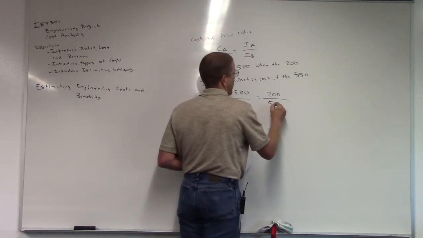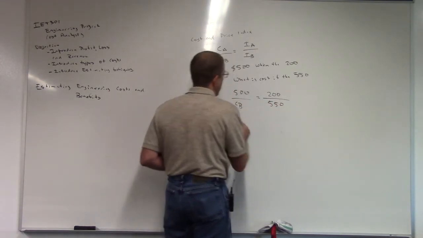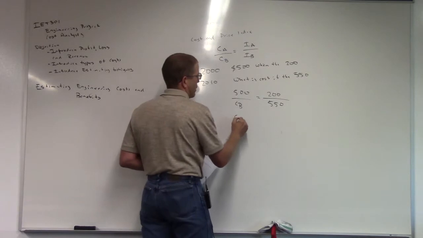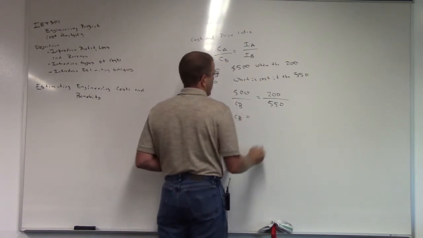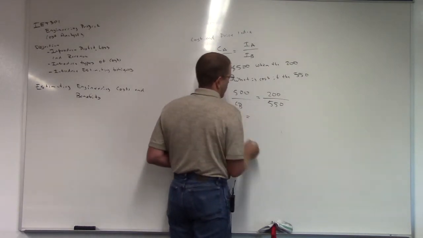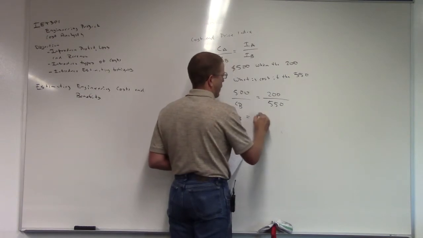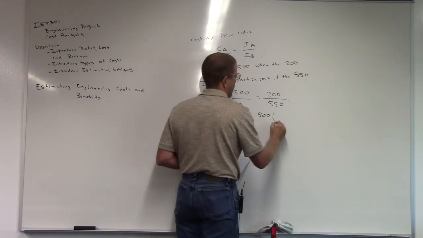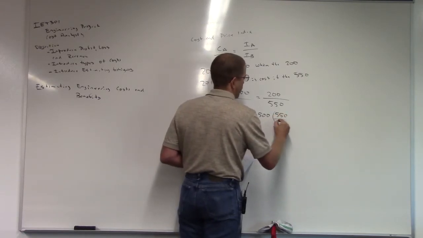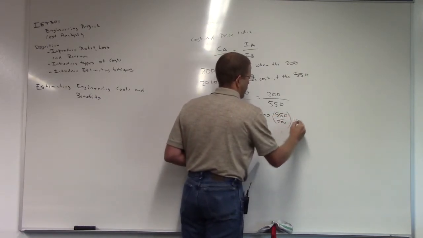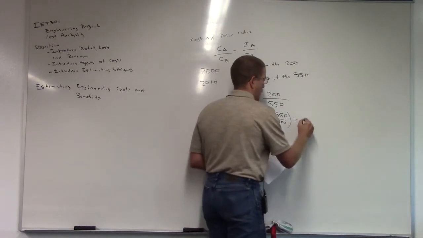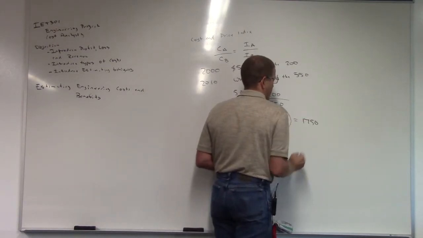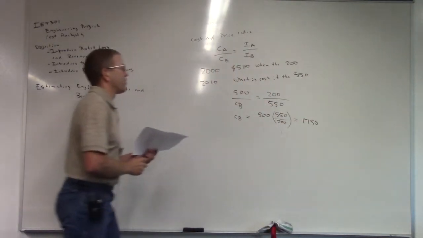In 2010, the cost index was 550, and therefore we can see that the cost in 2010 is equal to, throwing some algebra at this, 500 times 550 over 200. So we end up with a cost of $1,750 in 2010.